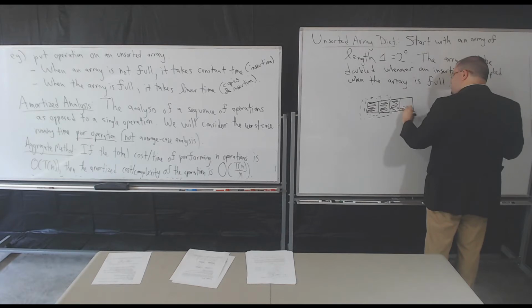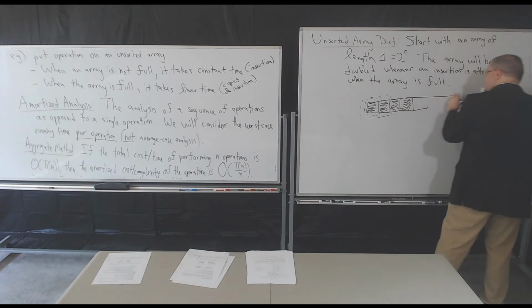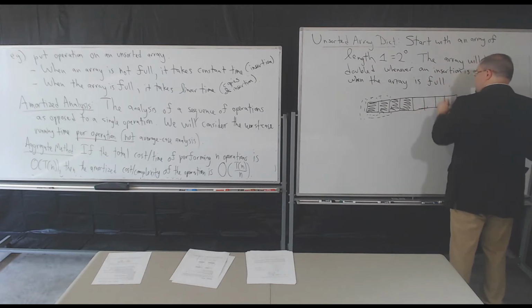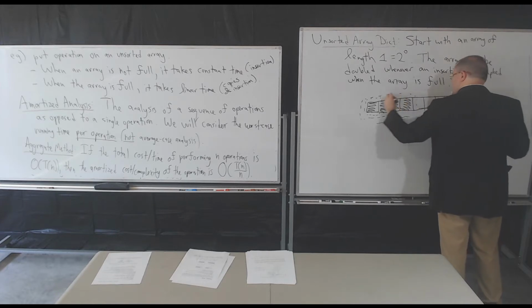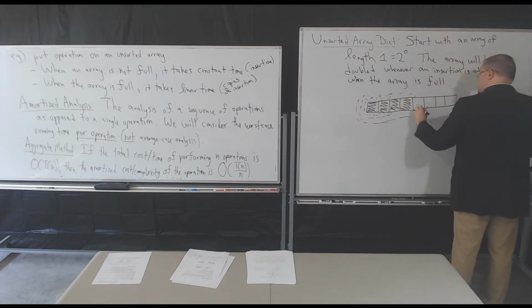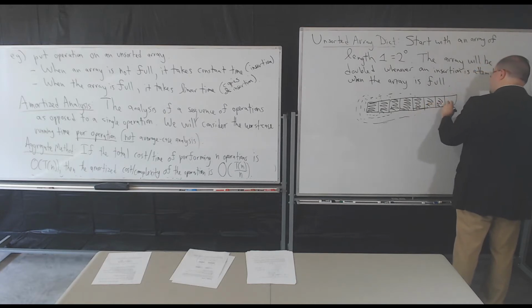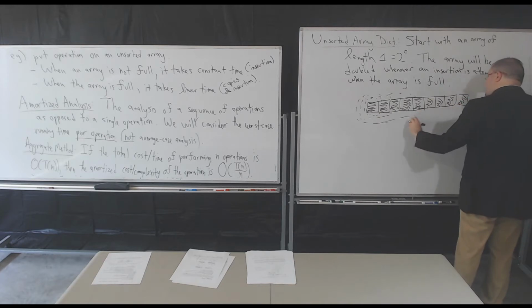But then I do another insertion, and this one I didn't have to do the copies over, right? However, when I attempt another insertion, I run out of space, and I need to double the length of the array. Then I would do the insertion, then another insertion, then another, then another. And presumably this would be like the 9th operation here.